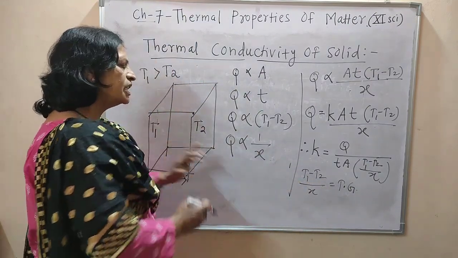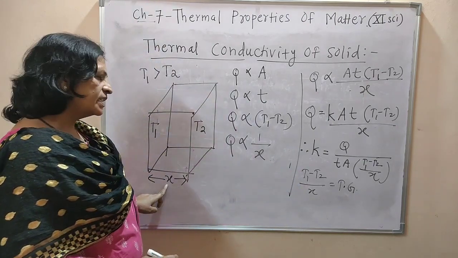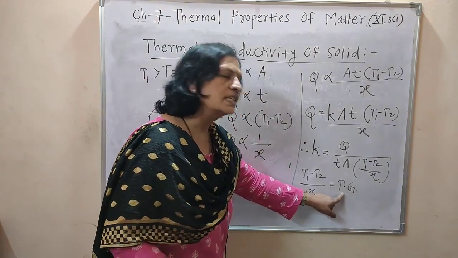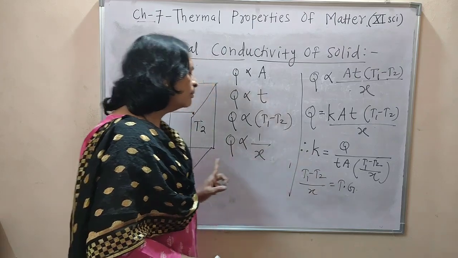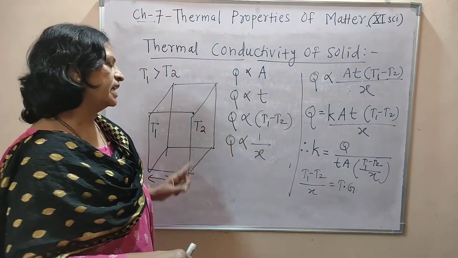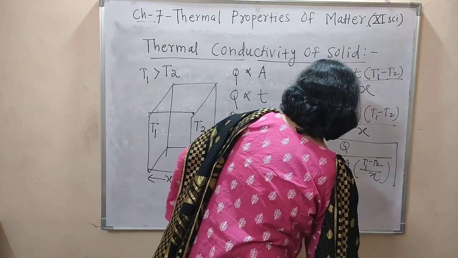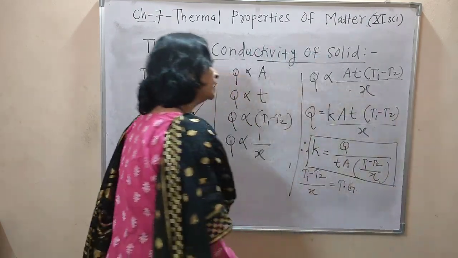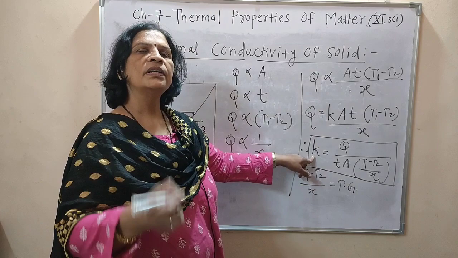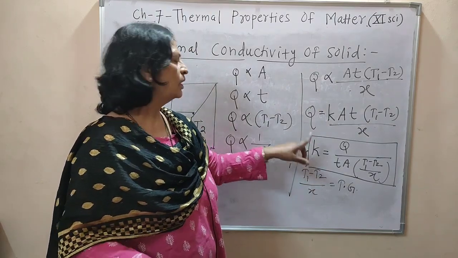This is the change in temperature in distance x, and therefore it is called the temperature gradient when the material is in steady state. Understood?